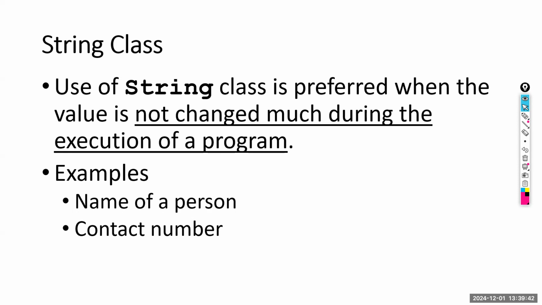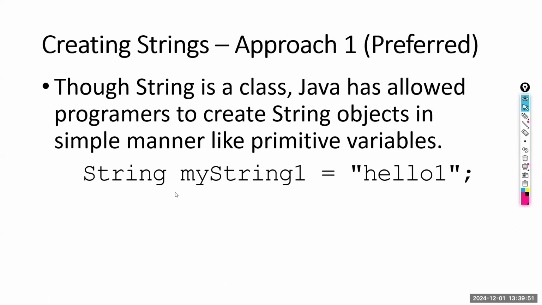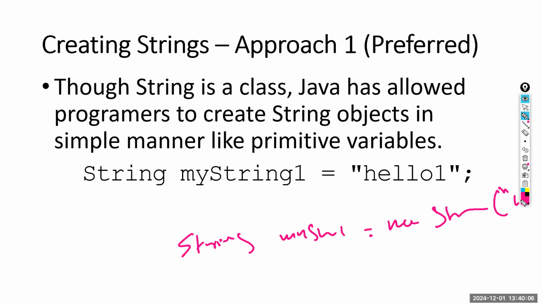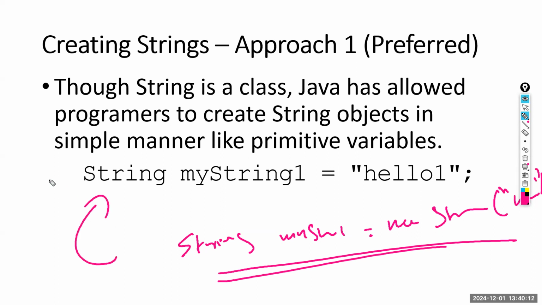Just to make our life easy, you can just create a string variable just like a byte variable, int variable, float variable, and likewise. Okay, so therefore you can create a string like this.